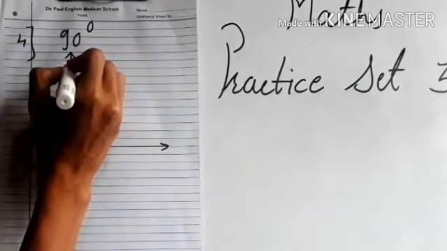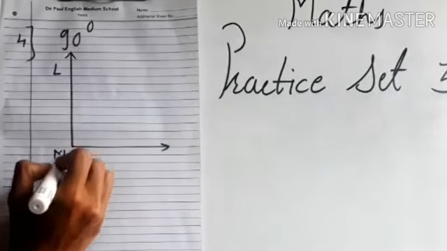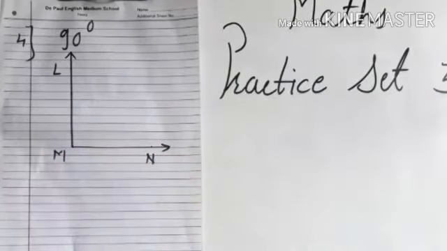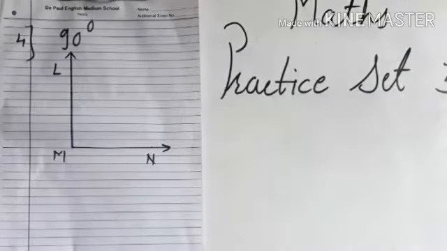Let's give some names to this angle as L, M and N, and then bisect it. To bisect, now you know the steps very well.